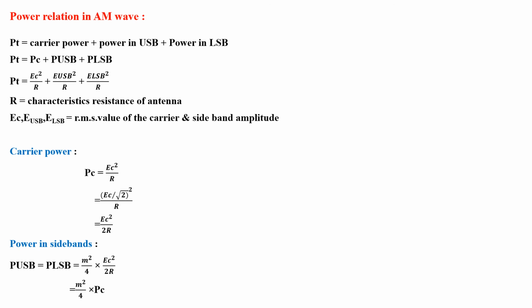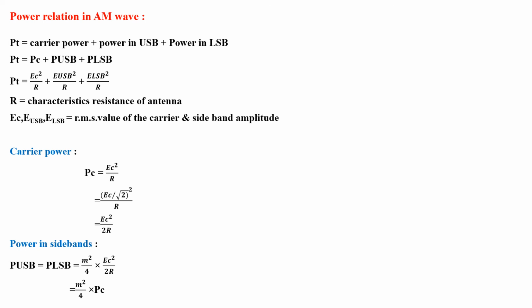Now substituting the formulas for all these powers, we obtain PT equals EC square by R, plus EUSB square by R, plus ELSB square by R.